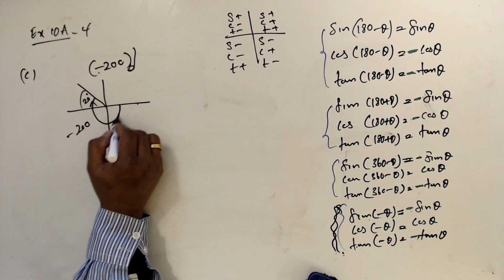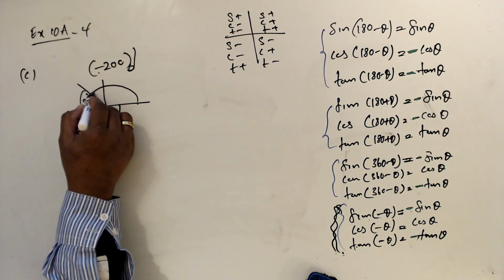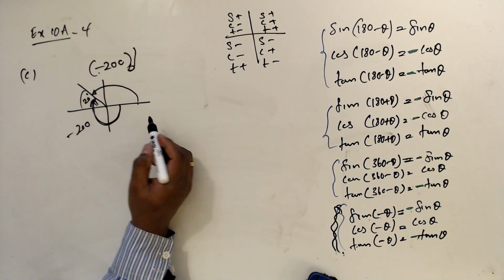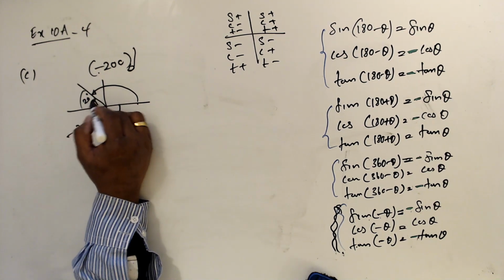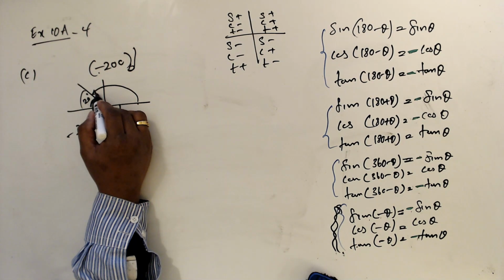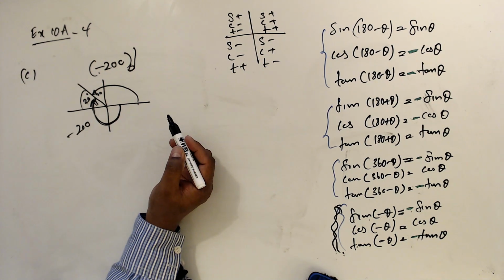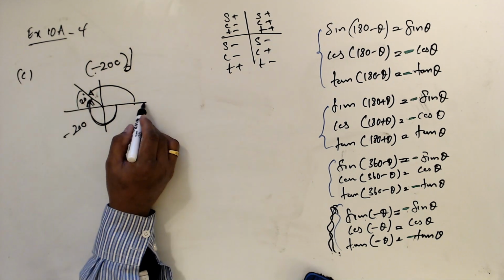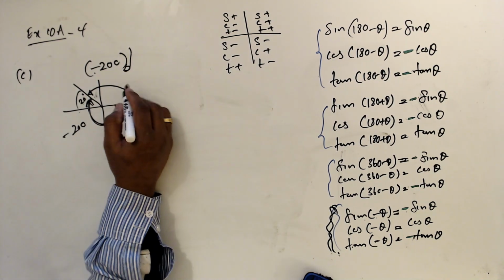Now, this angle in terms of positive, what is it? This is 90 minus 20, this is 70. Or also you can think of it as 180 minus 20, 160.